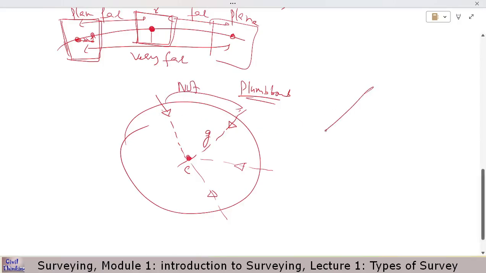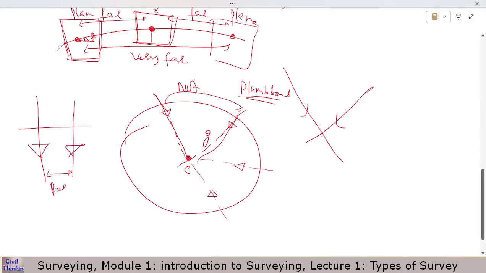One is like this, the other is like this. We don't consider them parallel in geodetic survey, but in plane surveying, this is one plumb line, this is another plumb line, we consider them as parallel to each other, although they are not parallel. Because of this our calculations get simplified.